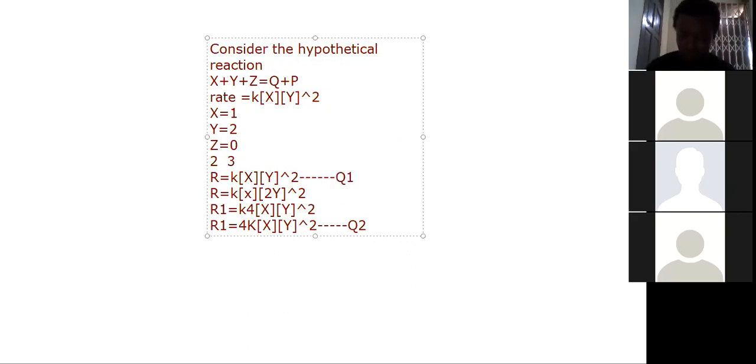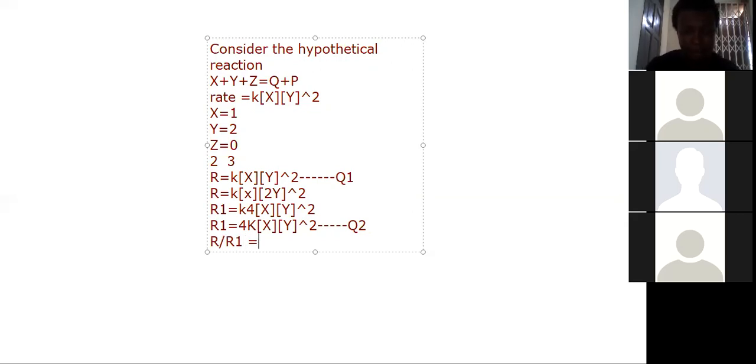So before we can find a relationship, let's divide equation 1 by equation 2, so that we are finding the ratio R over R1, so that we can relate.